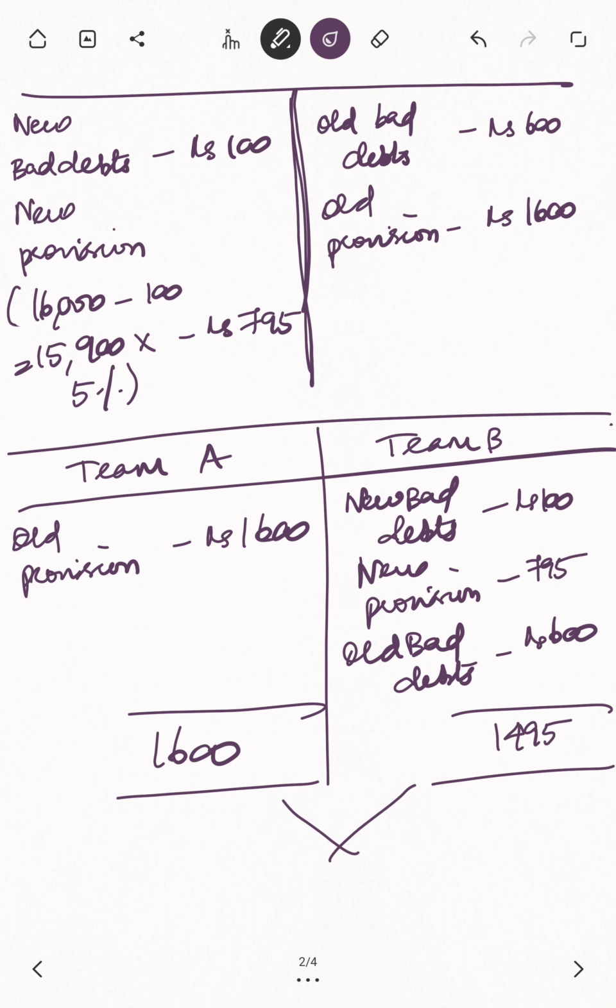Now I'm going to calculate the difference. So 105 rupees is the difference.